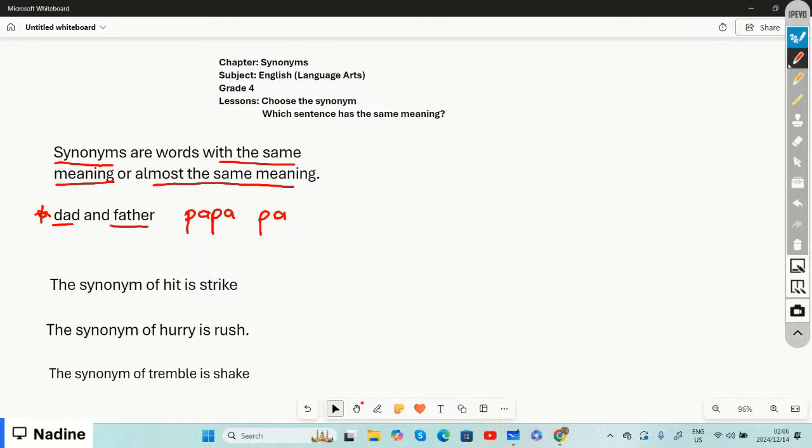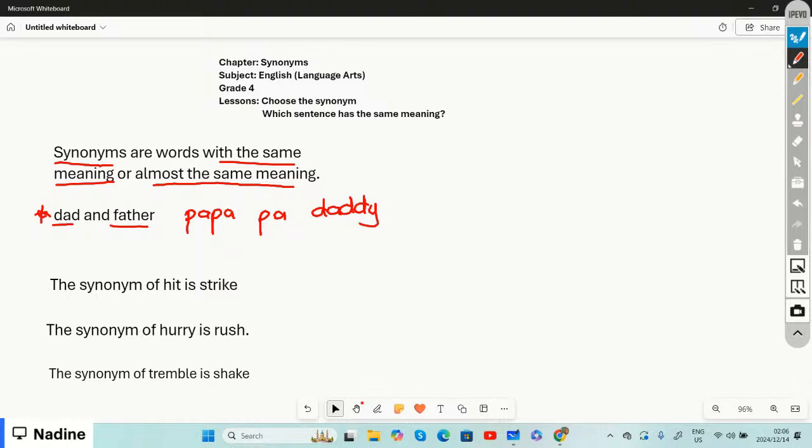So whether I call my dad dad, father, papa, pa, or dada, that is your dad, which means that each is a synonym of the other word that means dad. The meaning is the same. Or daddy, yes, you can call him daddy, right? That is also the same as saying dad, father, or papa.